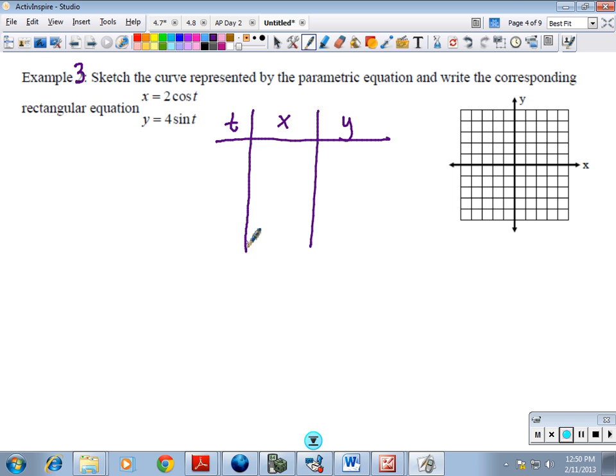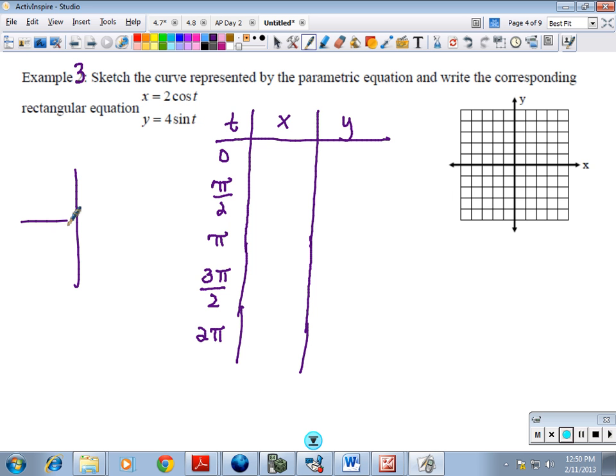And I'm going to pick some values off my unit circle. And I'm just picking my quadrantal values. That's 0, pi over 2, pi, 3 pi over 2.